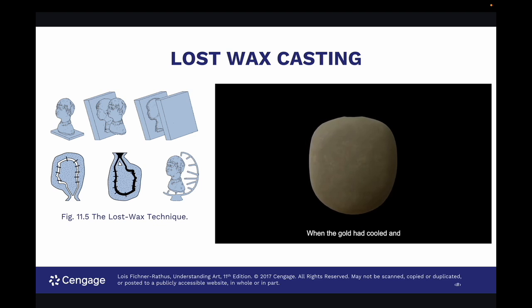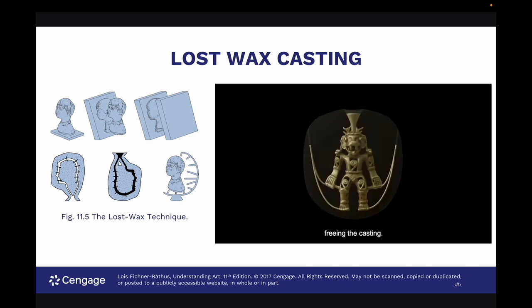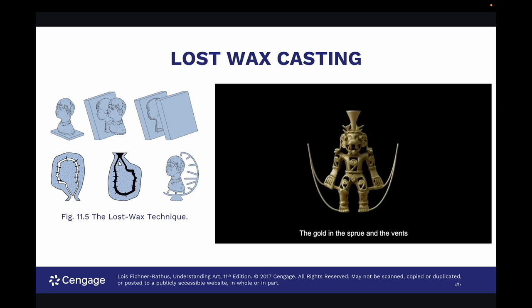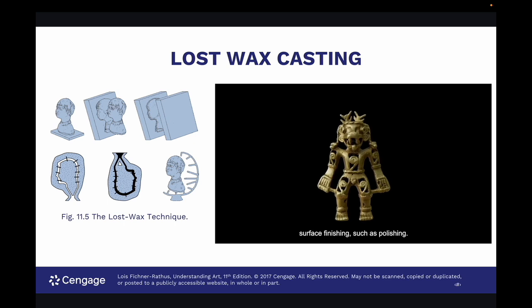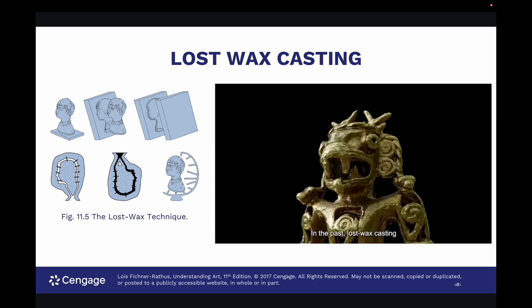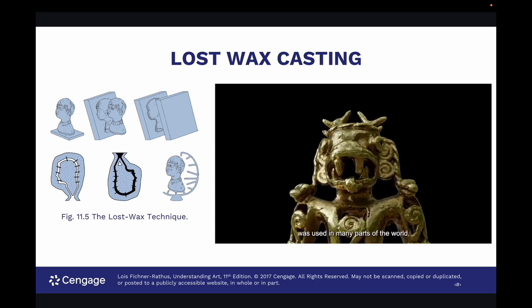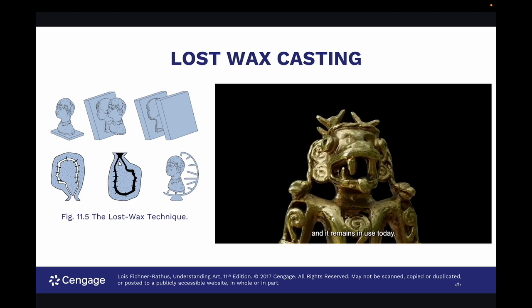When the gold had cooled and solidified, the outer mold and inner clay form were removed, freeing the casting. The gold in the sprue and the vents was also removed and probably used elsewhere. Now the ornament was ready for surface finishing, such as polishing. In the past, lost wax casting was used in many parts of the world and remains in use today.